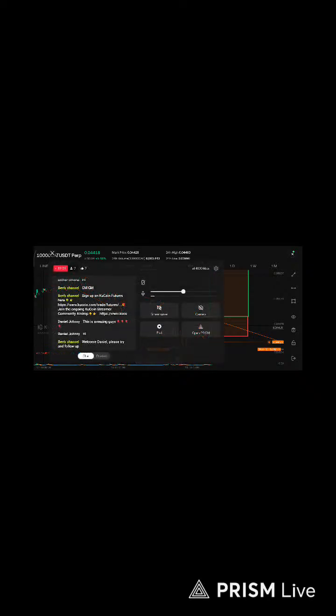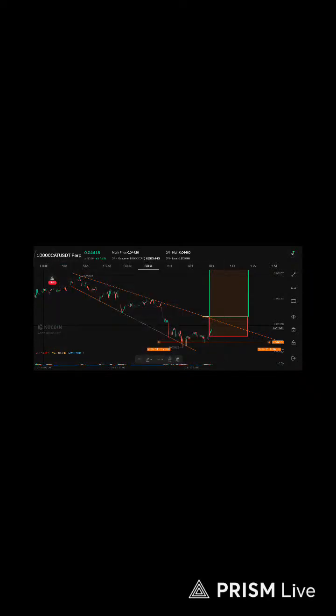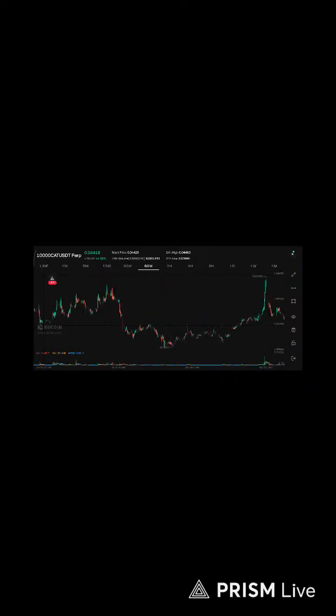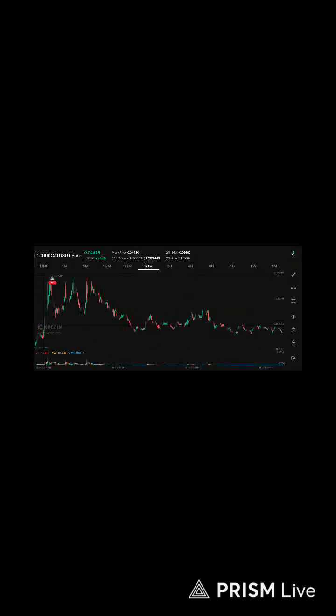So that is how useful this bearish Harami candlestick is. Very important. Let's keep the session going.